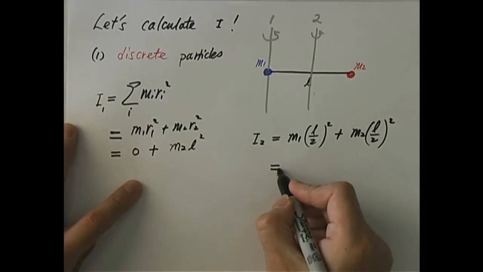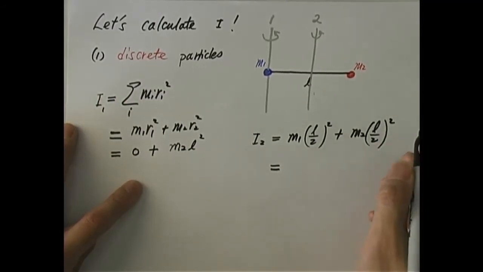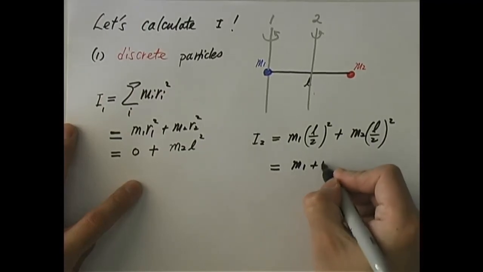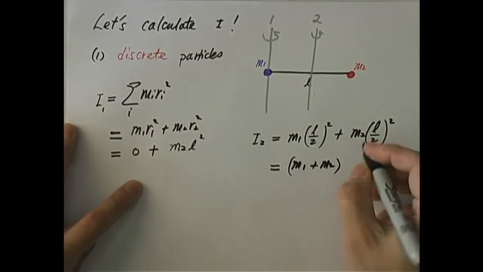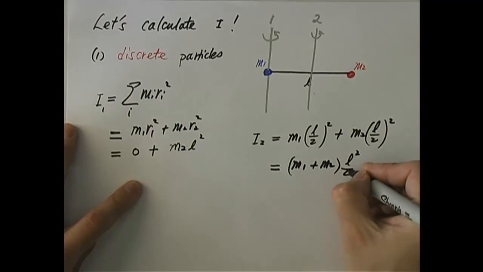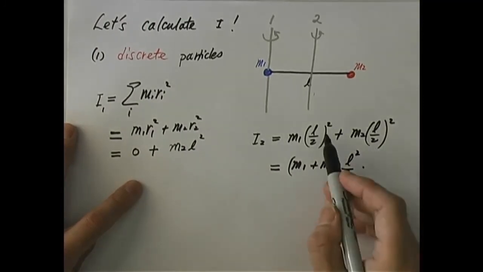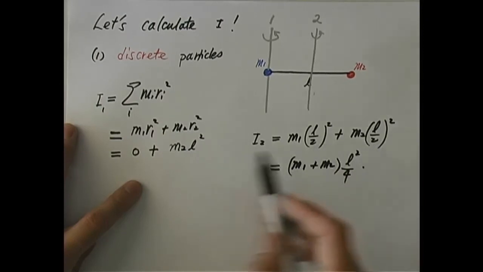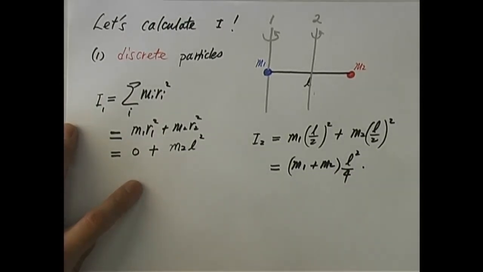So I can write this as (m1 plus m2) times L squared over 4. It is very different from the previous case, which is m2 L squared. So I1 and I2 are different because I use different axes.